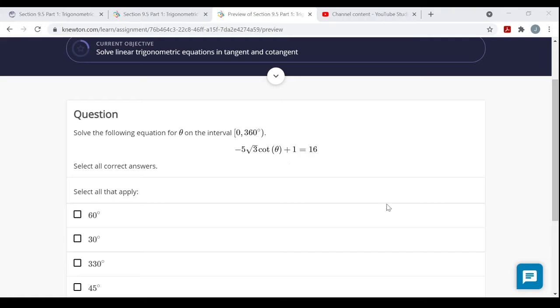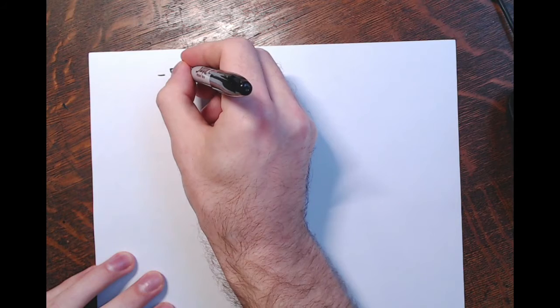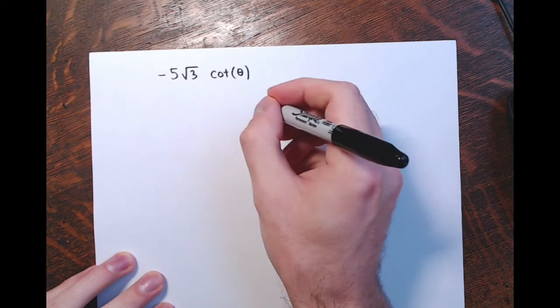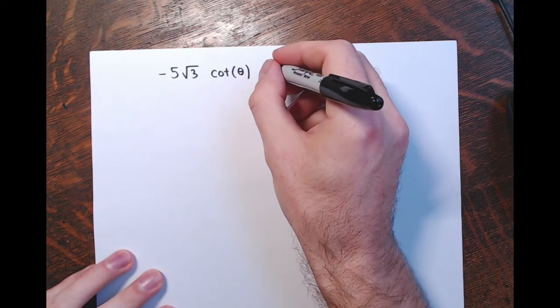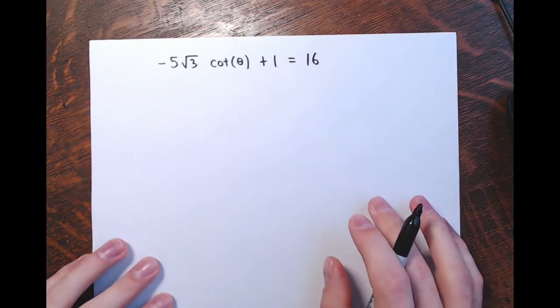I'm going to write out this equation here. We have negative 5 times the square root of 3 times the cotangent of theta plus 1 equals 16.